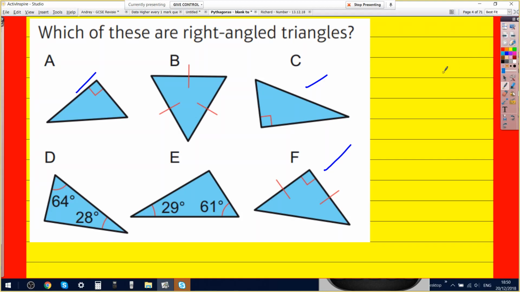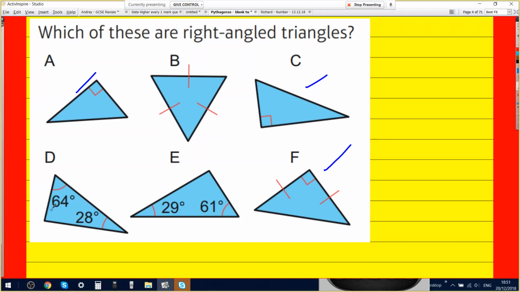What type of triangles is Pythagoras used for? One's like DC and F. AC and F? That's it, AC and F. Actually, you're right. What is 64 plus 28? 92.